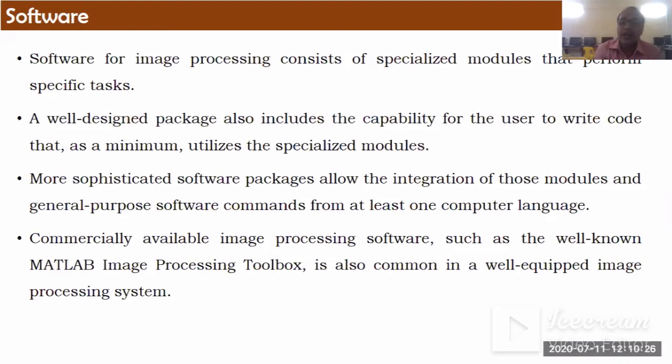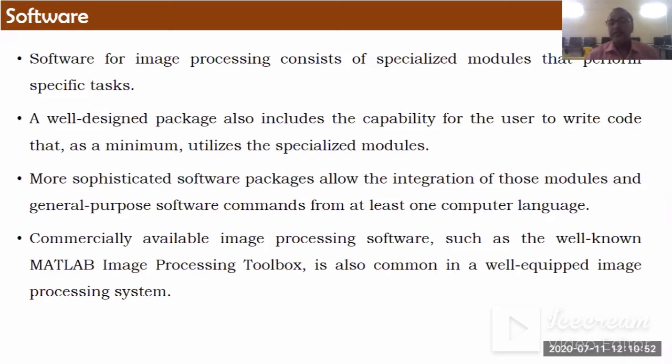So software is used for a specific purpose, and there are lots of functions which are useful. For example, for edge detection there is an edge function. To convert to a black and white image, we use the im2bw function. Suppose you want to create the negative of the image, you use the imcomplement function.